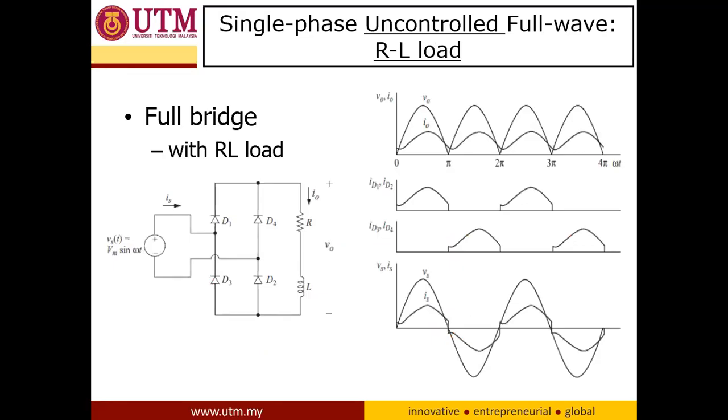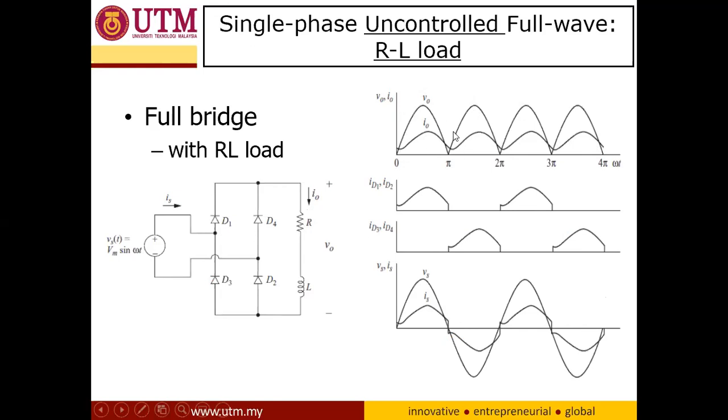We continue with the full bridge RL load, uncontrolled. As you can see here, we have an inductor as a storage element. So definitely the current will no longer be sinusoidal. The output current has some nonlinearity compared to the voltage.